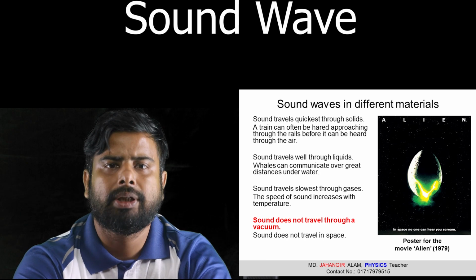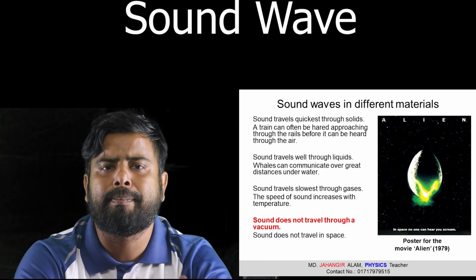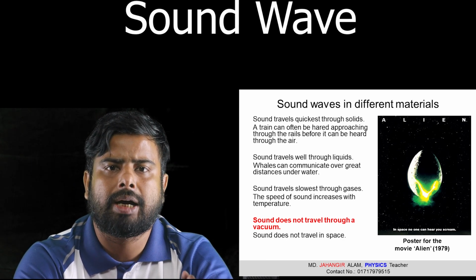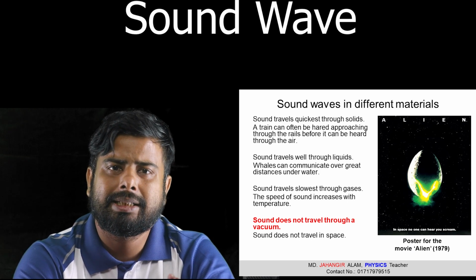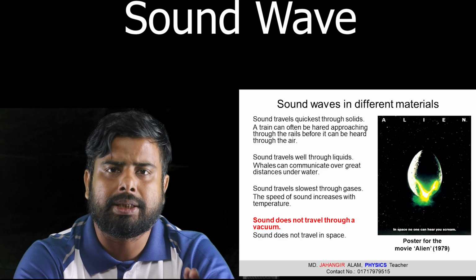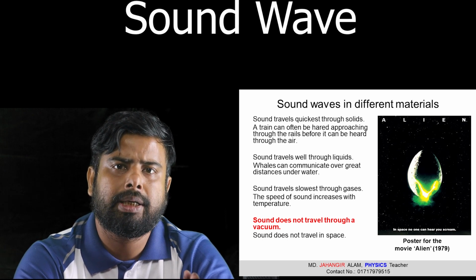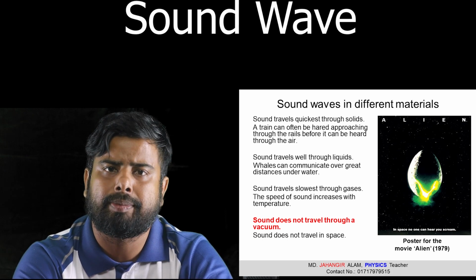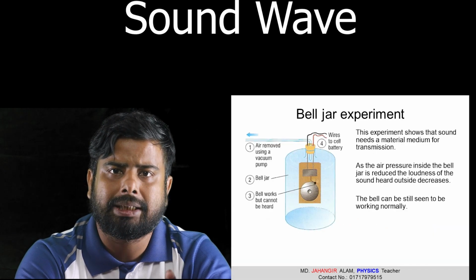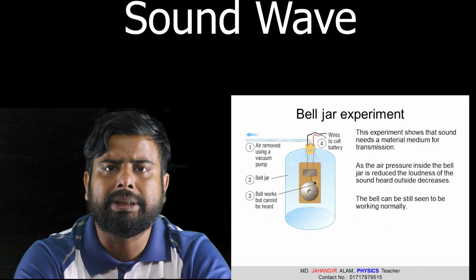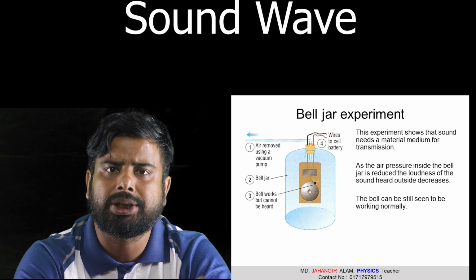Sound does not travel through vacuum. That's why sound wave is a mechanical wave. Sound does not travel in space. There is a well-known experiment, the bell jar experiment. Look at the diagram here. This experiment shows that sound needs a material medium for transmission.